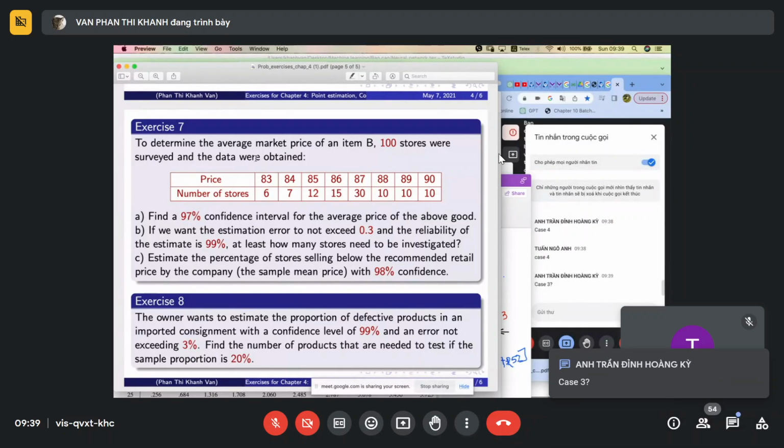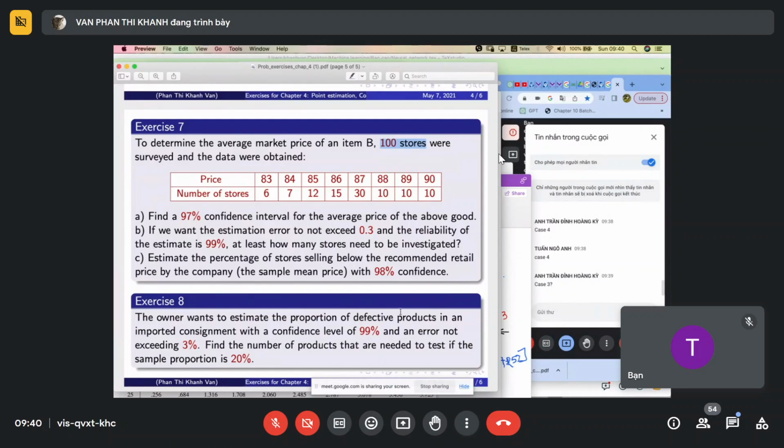That's right. Because here, is it given that we have normal or not? No, right? Normality assumption we don't have. Distribution we don't know, and sigma here is unknown. But we have 100 stores, so the sample size here is a large number. So it's case 3. Central limit theorem, we use Z.